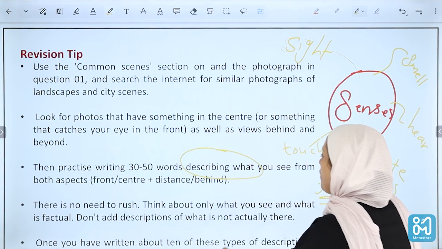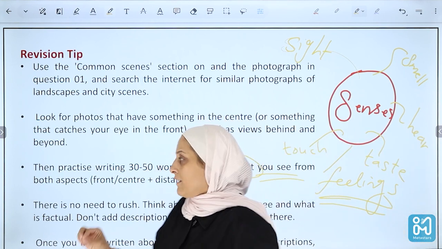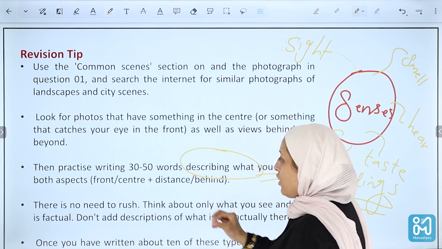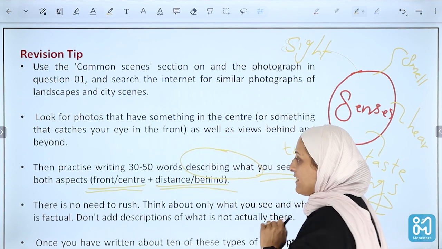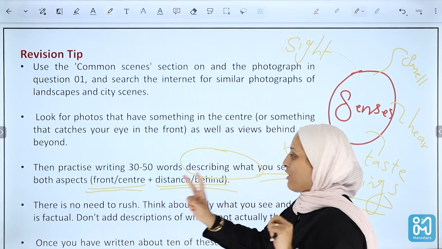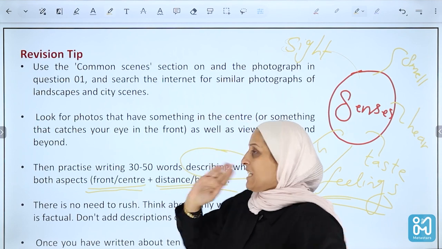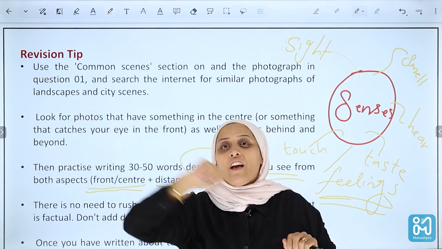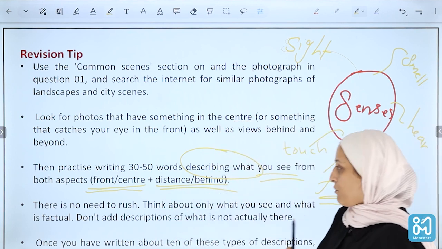As I told you, it's all about descriptive writing from both aspects: front, center, and distance, behind. When you look at these two aspects, that would help you a lot to write an excellent description.